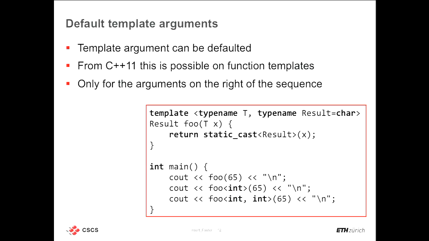I don't instantiate another one. So these are exactly the same function call. And the second argument is not specified, it is left by default to char. In this case, the second template argument is forced to be integer, and so it will be printing 65. Better?